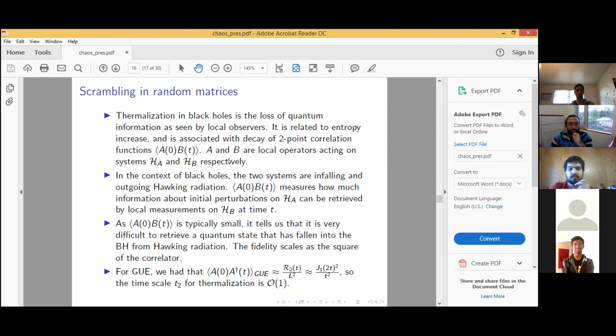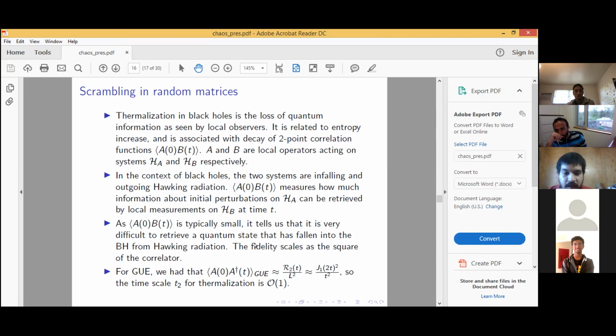Suppose A and B are local operators defined on two Hilbert spaces HA and HB, and since we are studying black holes, these two Hilbert spaces would correspond to the infalling and the outgoing Hawking radiation. So the 2-point correlation function is a measure of how much information about the radiation that has fallen into the black hole can be retrieved by collecting the information from the outgoing Hawking radiation.